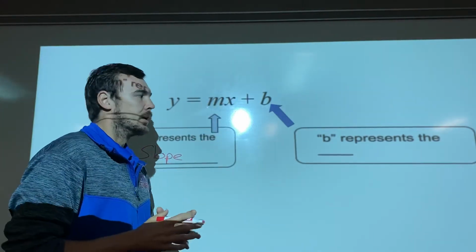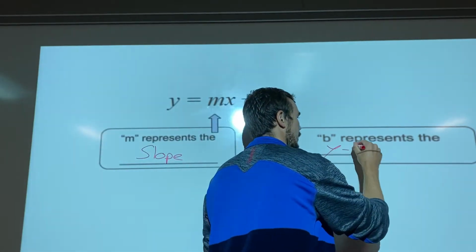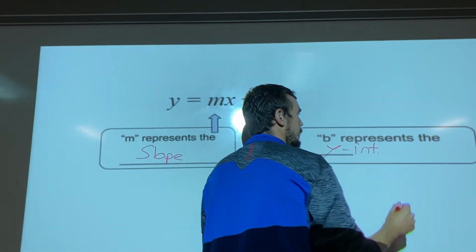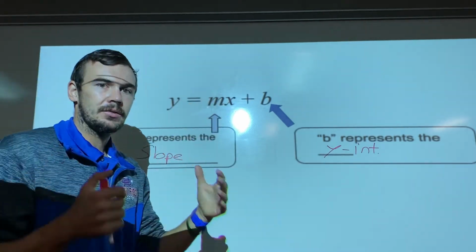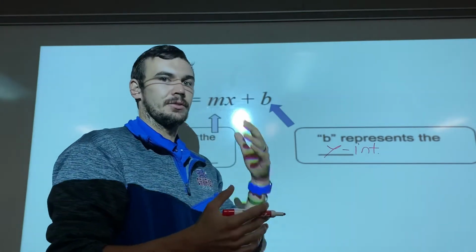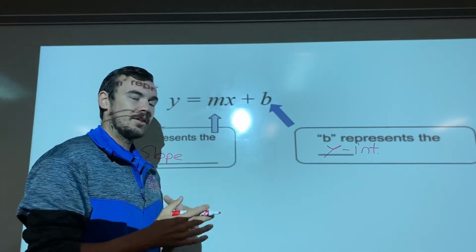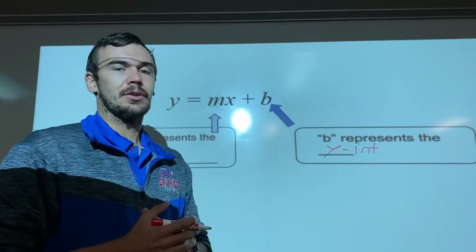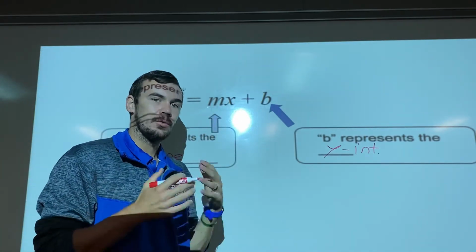Our b represents our y-intercept. This b can be either positive or negative, because there are positives and negatives on your y-axis, which is where your y-intercept sits. So m represents your slope, b represents your y-intercept.